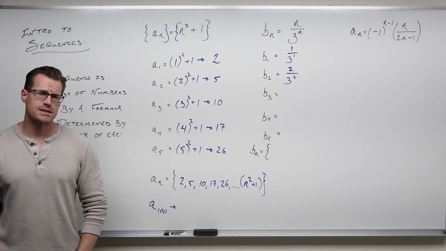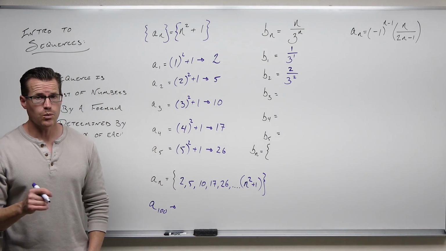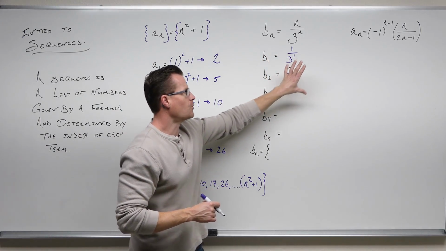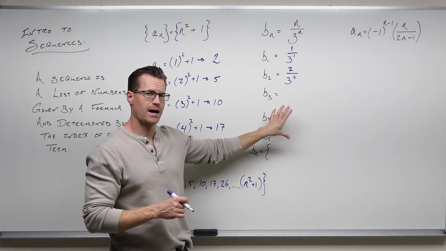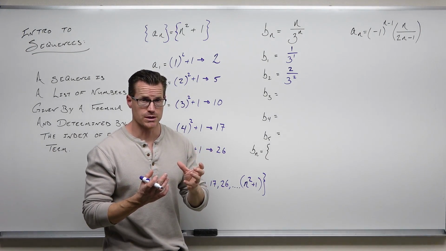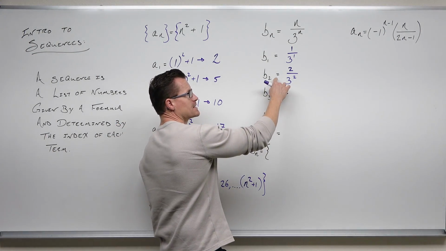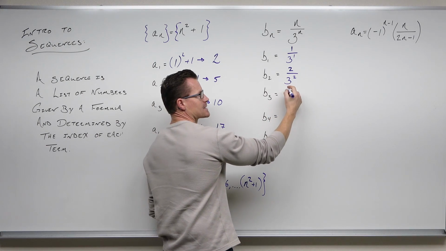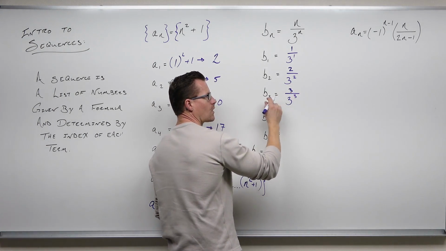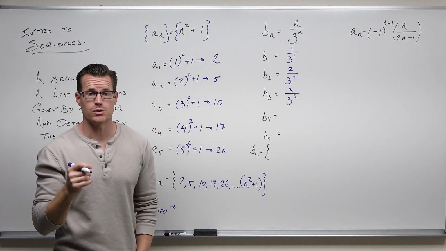And we can simplify as we go, but I do want you to notice that it's really important to be able to go backwards and get this sort of a pattern to it. What's really happening to our numerator? What's really happening to our denominator? Our numerator is getting exactly what this index is. Our denominator is getting 3 to whatever power our index is. I'm prefacing something we're going to do in just a little bit.